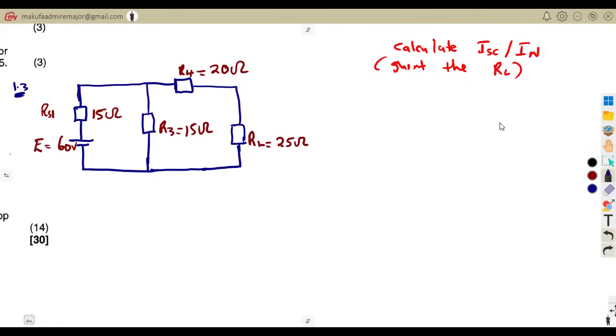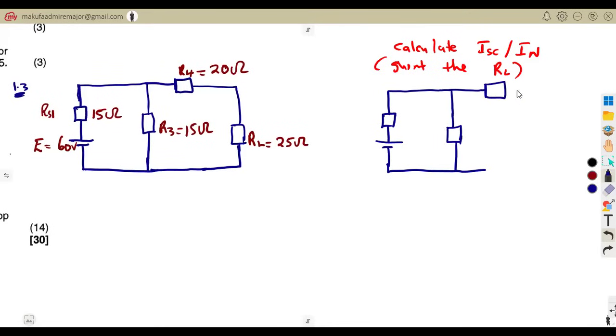So meaning to say from our diagram, the diagram is going to look like this. If we short that, we're going to have the first part. Remember, we combined these two resistors into one resistor. We're going to have our R series, our R3 here, and our R4. But the part where we are supposed to have our A and B, remember A and B is supposed to be between the part where we are removing the load.